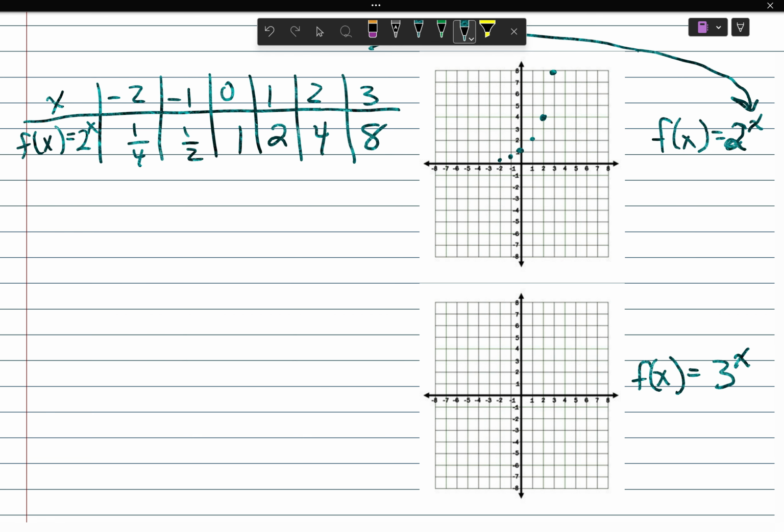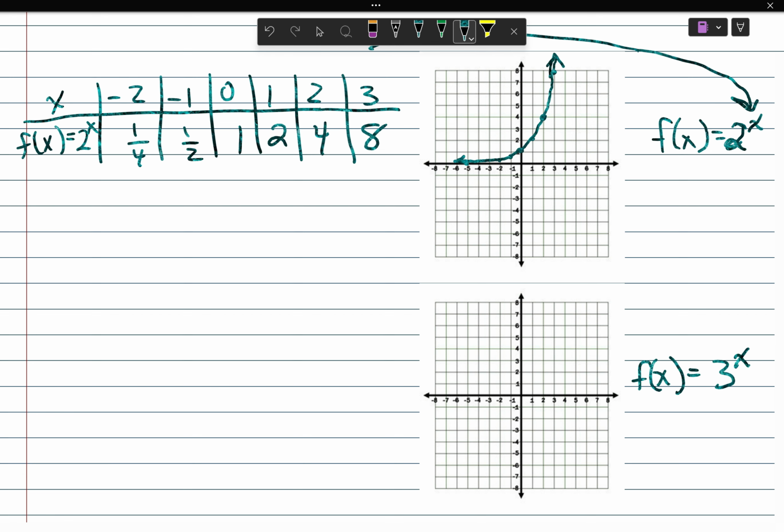So you would just connect the dots and draw yourself a smooth curve, something like that.